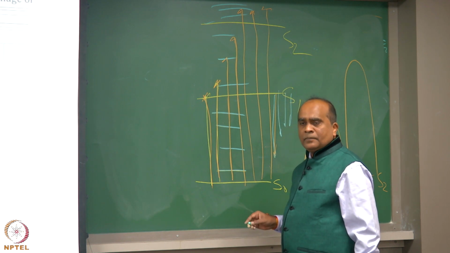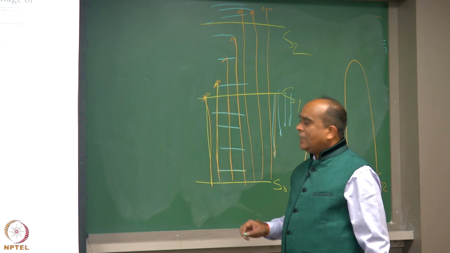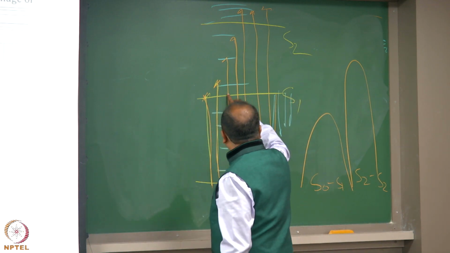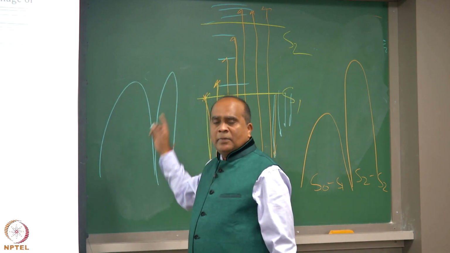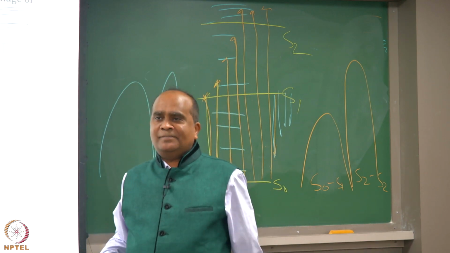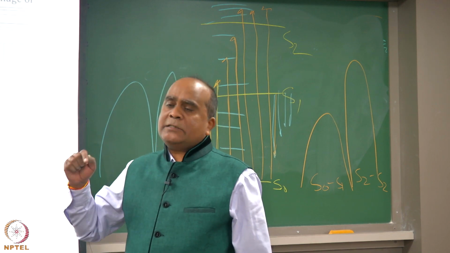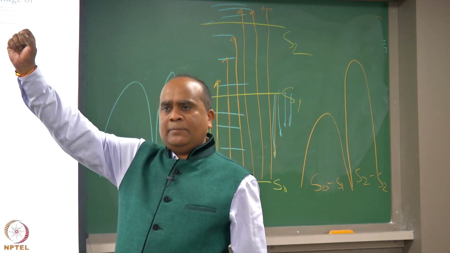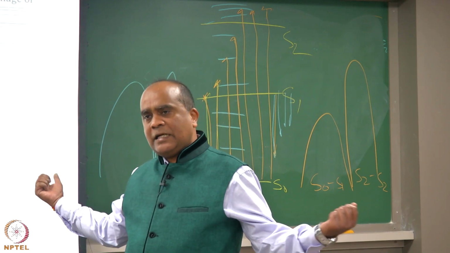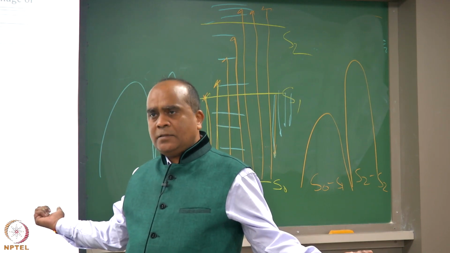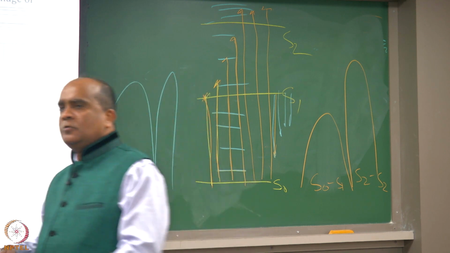Now, when we say mirror, it means for this one it is like this and like this, but for S2 will it be a mirror? Understand my question? When it goes from S0 to S1 in absorption, it comes from S1 to S0 to different vibrational states, that is like a mirror. But when it goes from S0 to S2, will it come back by the same radiative process? No, it always comes from S1 to S0.